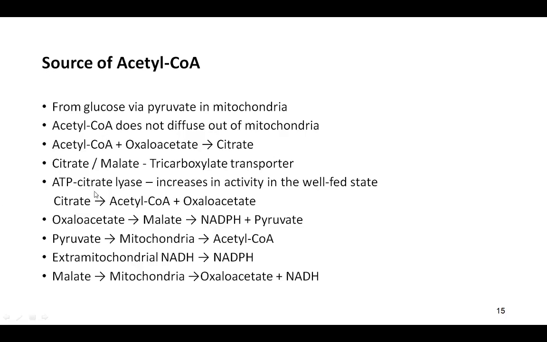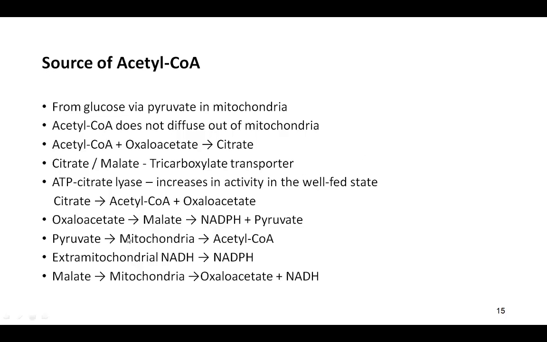Now this ATP citrate lyase increases in the well-fed state. What is the meaning of the well-fed state? It means there is no deficiency or decrease in glucose in the body. Glucose is there, and glycogen storage is sufficient. Then whatever excess glucose is present in the body gets converted to acetyl coenzyme A, and if it is not needed for energy production or other purposes, it will get converted to fatty acid.